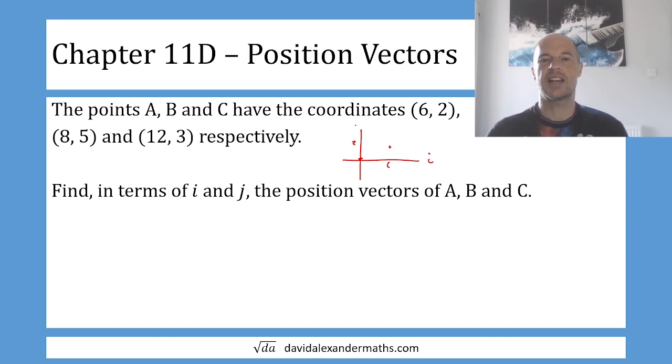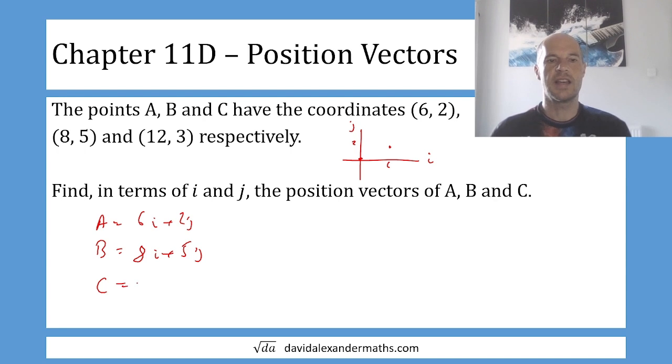So the x-axis is i, the y-axis is j. So A is just 6i plus 2j. Easy. So B is therefore 8i plus 5j, and C is 12i plus 3j. So these are the position vectors in terms of i and j of these coordinates.